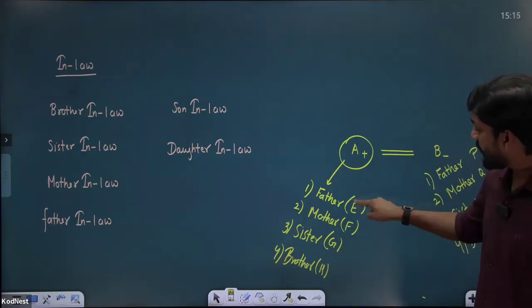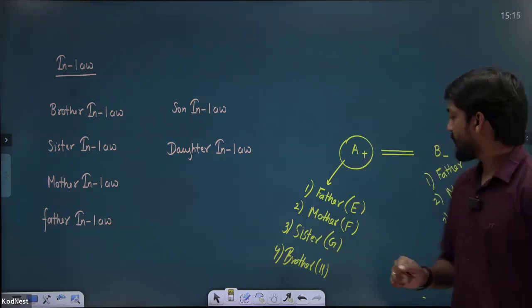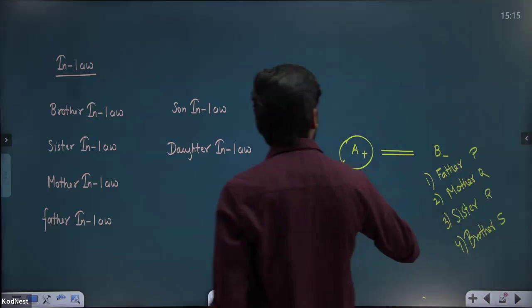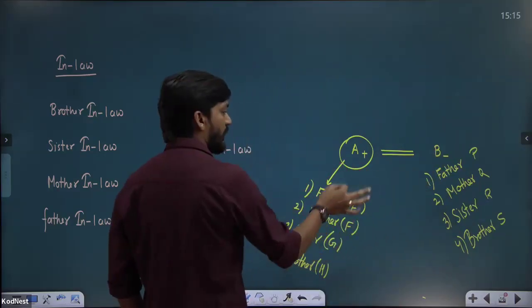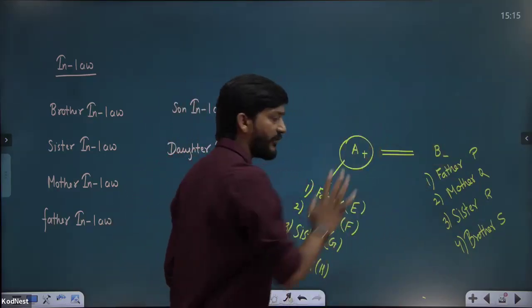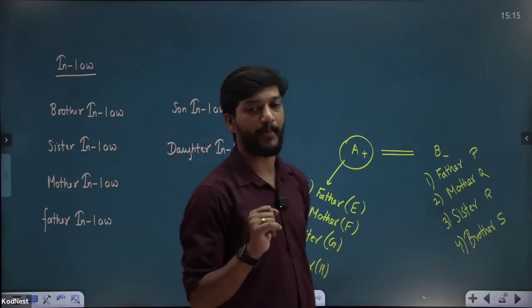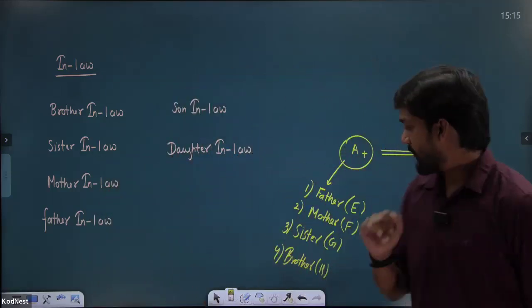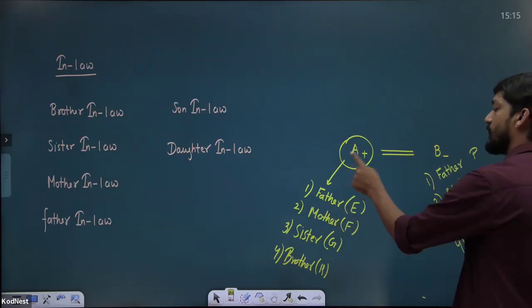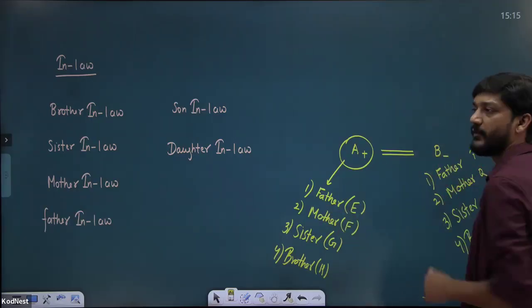My dear, E is the father of husband. So can I say E is the father-in-law for the wife? Father of husband, so father-in-law for the wife. Able to understand all of you? Yes? Okay. Now, mother of husband, that means mother-in-law of wife.